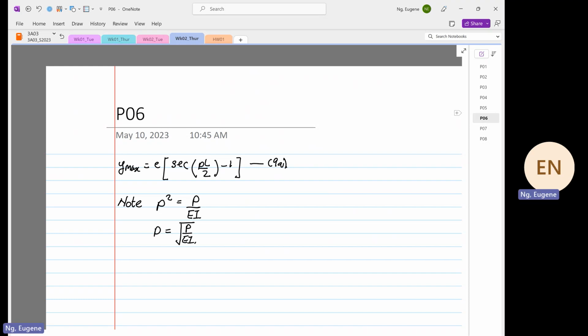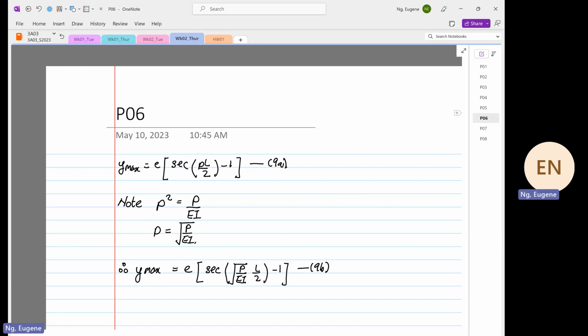Okay, so therefore, we will have Y max equal to E secant, and then we will have a bracket, square root of big P over EI, and then L over 2, and the whole thing minus 1, and this is our equation 9b. So that is the maximum deflection due to buckling. Okay, and this will occur at L over 2.